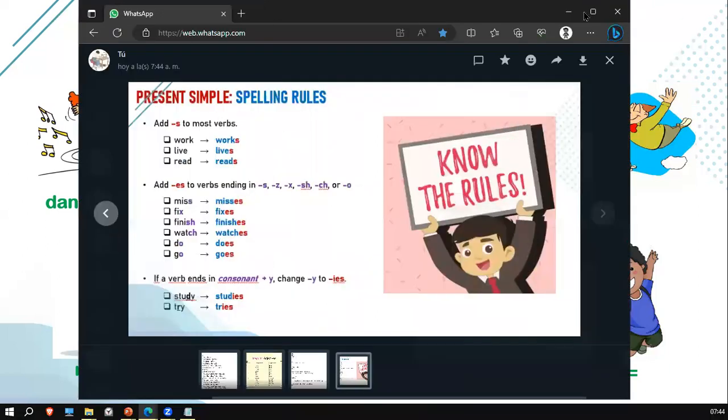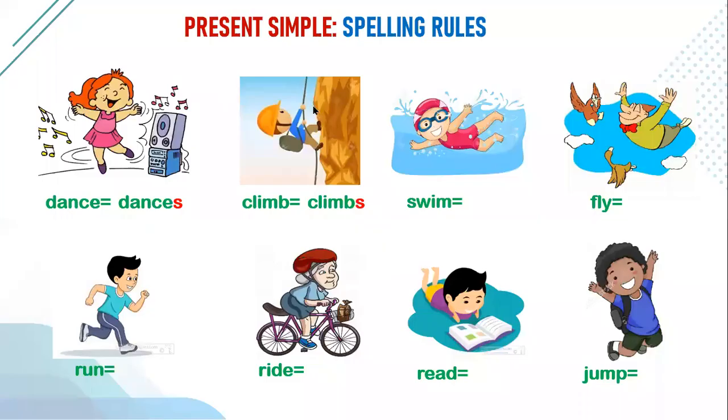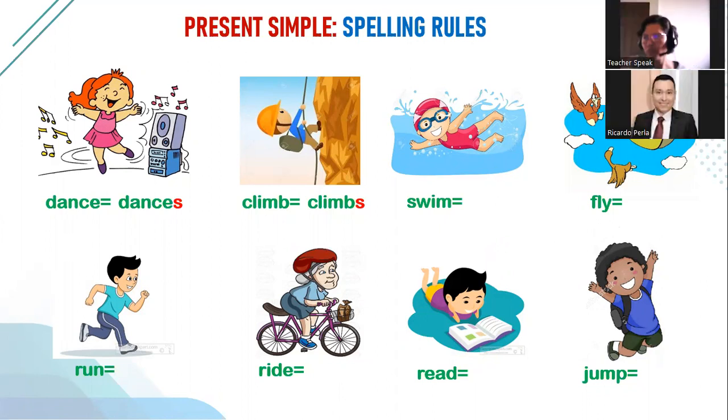So, look, when do we add ES? We add ES to verbs ending in S, Z, X, SH, CH, or O, right? So we have 2, 4, 5, 6 different options. Now, do we have to add ES to swim? No. Okay, so that would be only S. Exactly, that is correct.